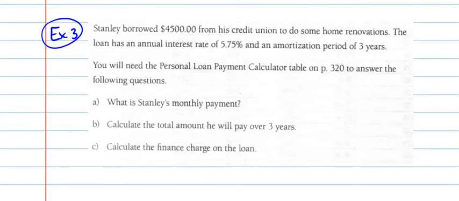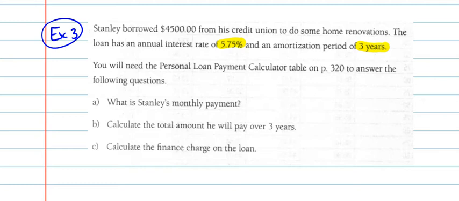So Stanley borrowed $4,500, and the loan that he got, it's a personal loan, okay? He had an annual interest rate of 5.75% amortized over 3 years, okay?